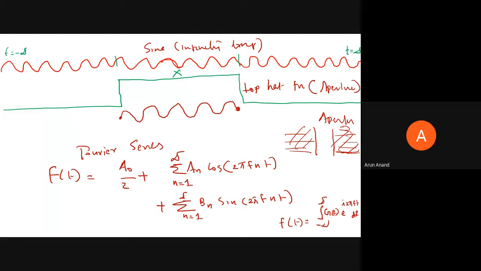Here your f is discrete, so 1f, 2f, 3f, etc. I could have put n before the f, it doesn't matter, n is an integer. Here your f is continuous. That's the only difference. It's equivalent. See here, e raised to i 2 pi f t is nothing but cos 2 pi f t plus i sin 2 pi f t. So this comes back to this equation only. Clear? Yes, sir.